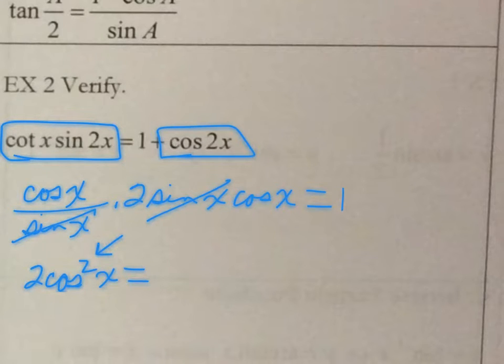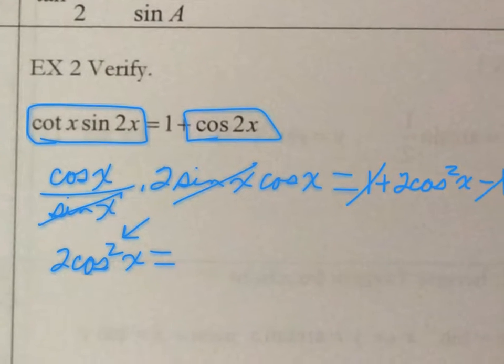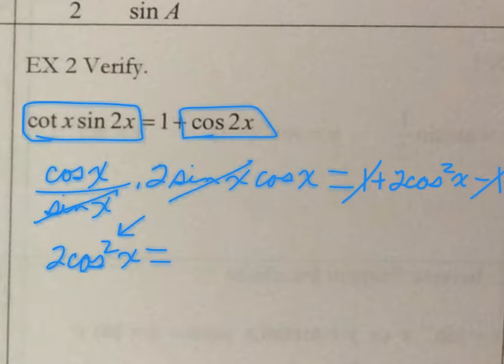So I'd have 1 plus 2 cosine squared x minus 1, just by replacing the cosine of 2x. The 1's cancel, and I end up with 2 cosine squared x equal to 2 cosine squared x, and we verified the identity.